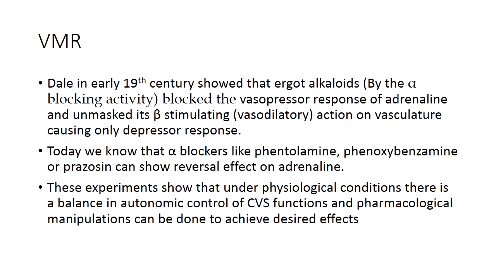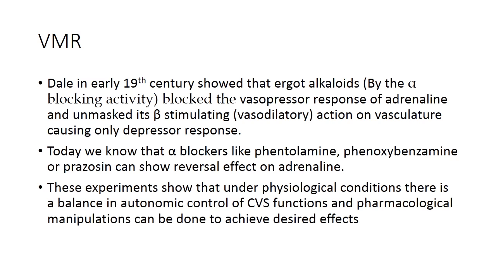He actually demonstrated it with ergot alkaloids which had alpha blocking action. However, now we know that almost all alpha blockers show this response. Examples are phentolamine, phenoxybenzamine, and even prazosin also gives this response.